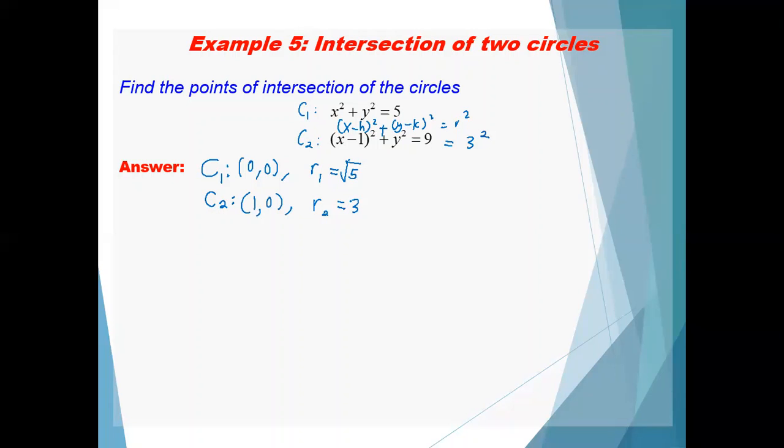So what is the distance? We want to find the distance between C1 and C2, which is equal to the square root of (1 minus 0) squared plus (0 minus 0) squared.